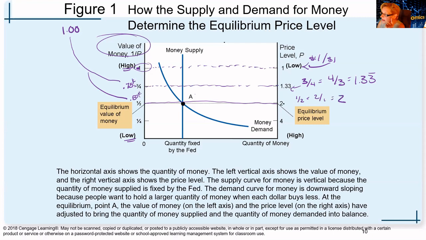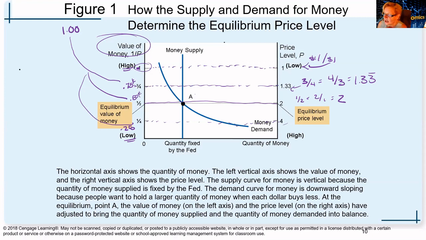So the price level has doubled. Again, if $1 only buys 25 cents or 1/4 of $1, follow that over. 1/4 reciprocal is 4. So price levels have quadrupled.